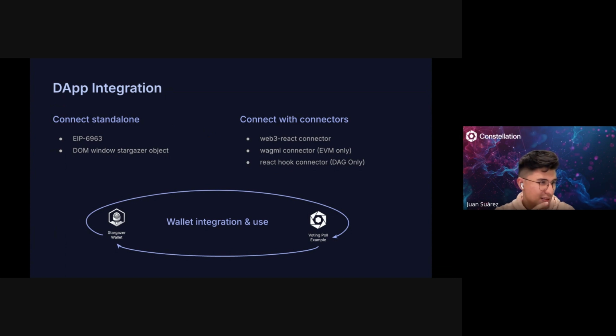Juan already showcased some of these demos. We'll be doing the Stargazer demos, then the Wagmi connector, and then finally a React hook connector, which is the one implemented in the voting poll example. I'll go a little bit through the code of these, and I'll show you how they work.